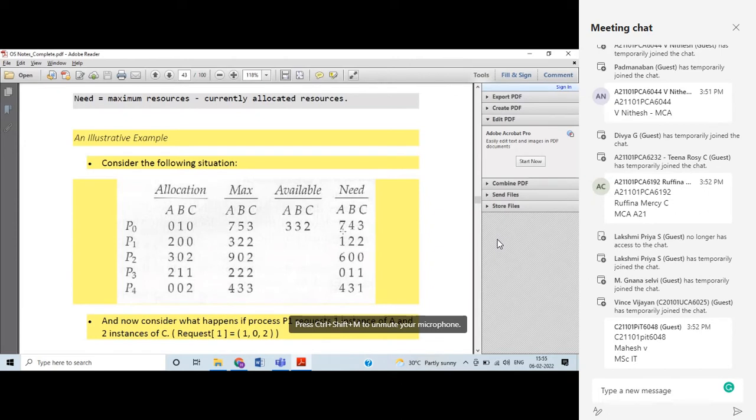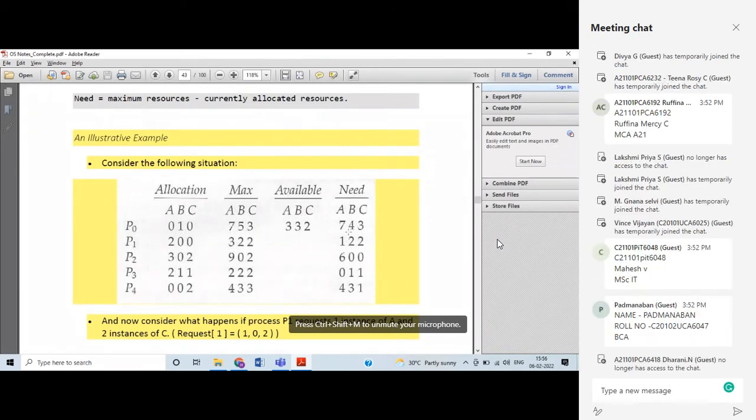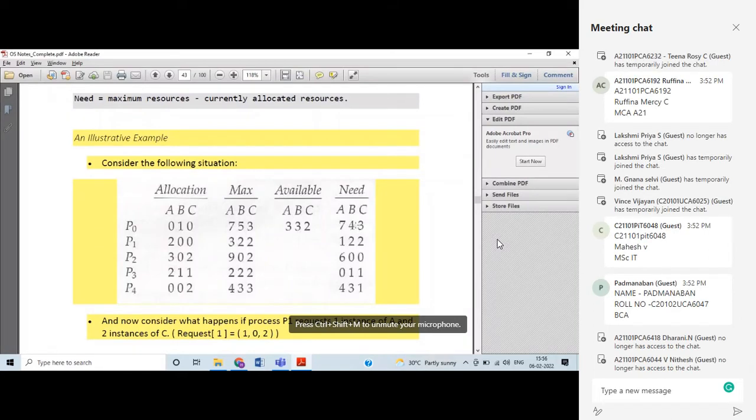That is why the number in this place is 7. In the second column, the maximum resources is 5, minus currently allocated 1. That is why this column has the number 4. And like that, 3 minus 0 is equal to 3.